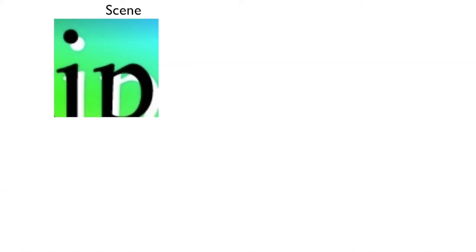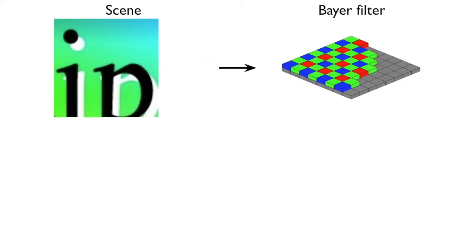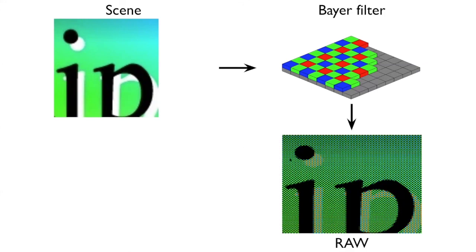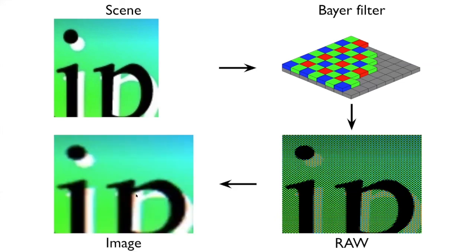So with a traditional RGB camera, you have your scene, you have your camera sensor with a Bayer filter, which is actually physically bonded to the sensor, which filters out blue, green, and red onto each sensor bin. So then your raw camera file looks like this. So you have filtered colors for each pixel, which you then have to recombine into a color image.